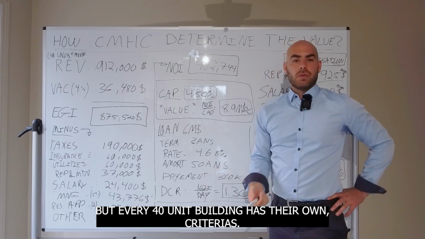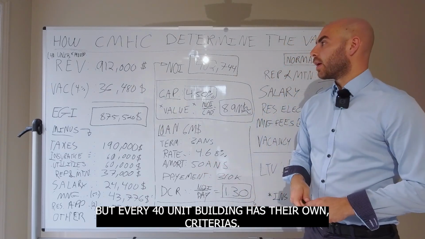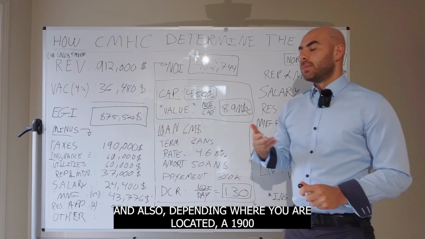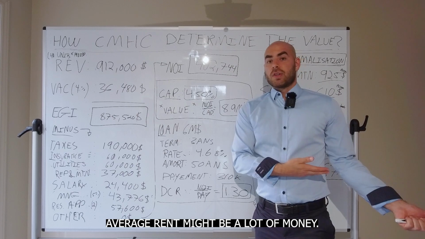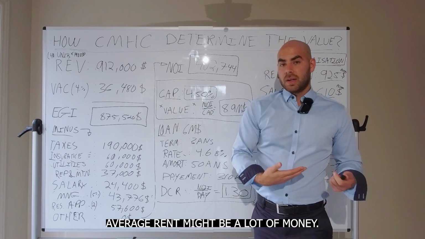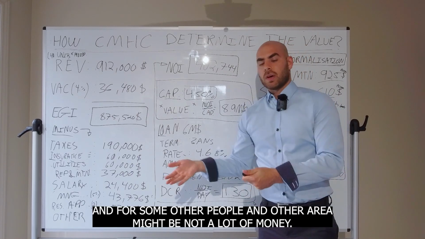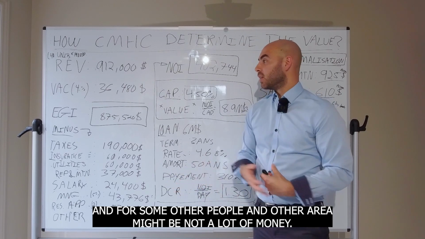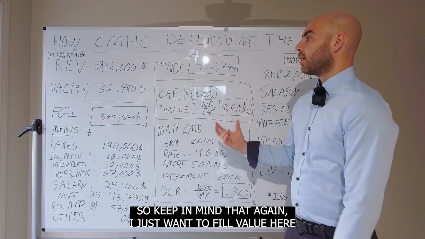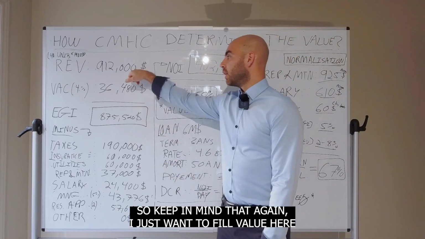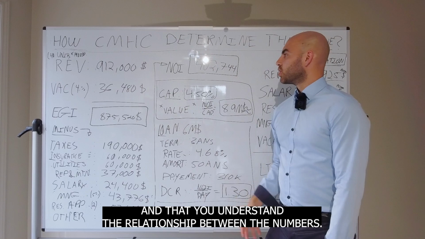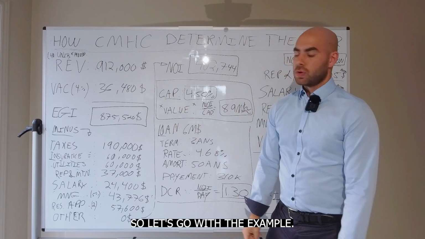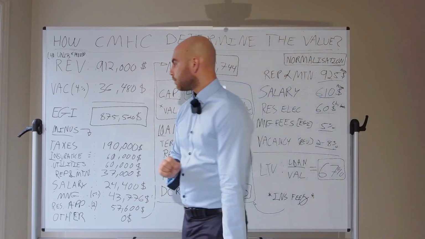But every 40-unit building has its own criteria, and depending on where you are located, $1,900 average rent might be a lot of money, and for people in other areas it might not be a lot of money. So keep in mind that I just want to illustrate the values here so that you understand the relationship between the numbers. So let's go with the example.